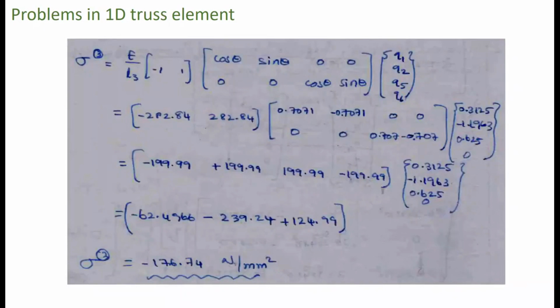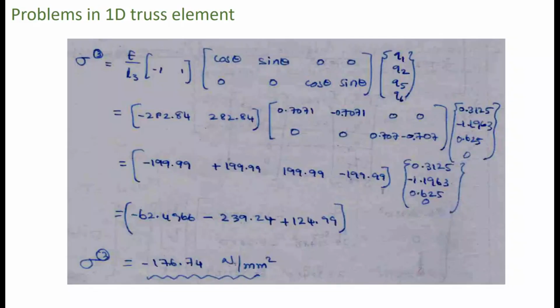Stress at element 3: E divided by L3, times [minus 1, 1], times the matrix [cos theta, sin theta, 0, 0; 0, 0, cos theta, sin theta], with Q1, Q2, Q5, Q6. Here the nodes are 1 and 3. Young's modulus is 2 into 10 to the power 5 and the length is 707.1. Cos theta and sin theta are 0.707, then the matrix entries are 0, 0, 0, 0, 0.707, minus 0.707.